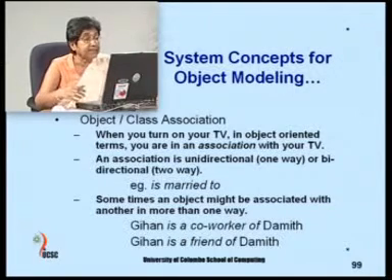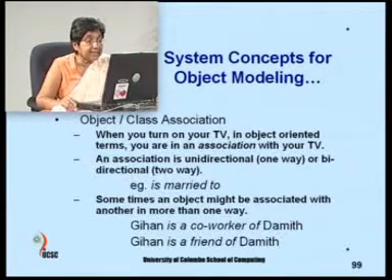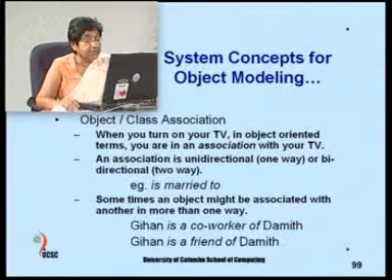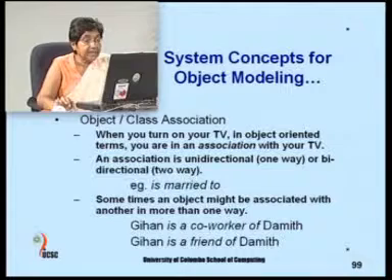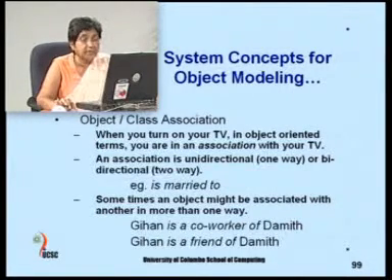So, you are interacting with your TV, and an association is unidirectional, one way, or it could be bidirectional, two way. An example is married to. If it is a two directional association, you call it bidirectional.